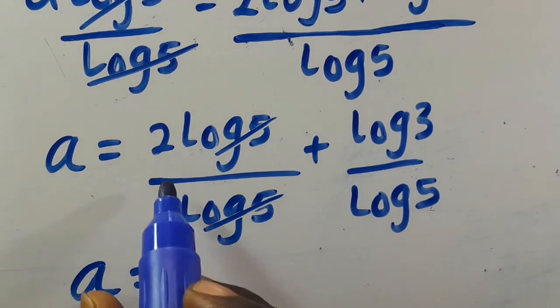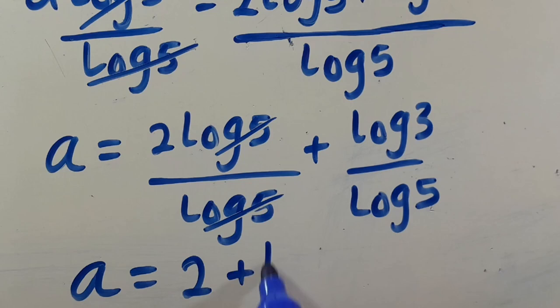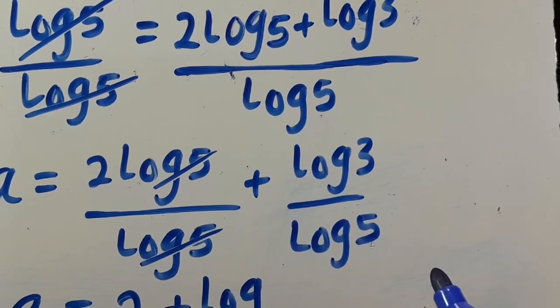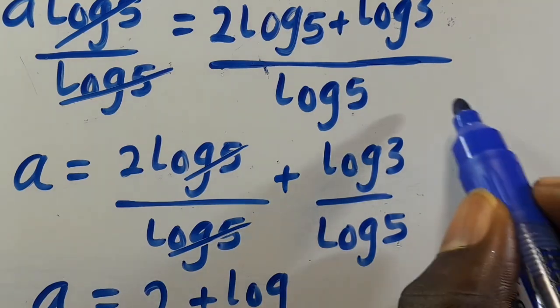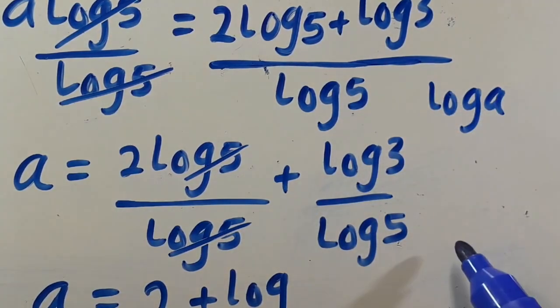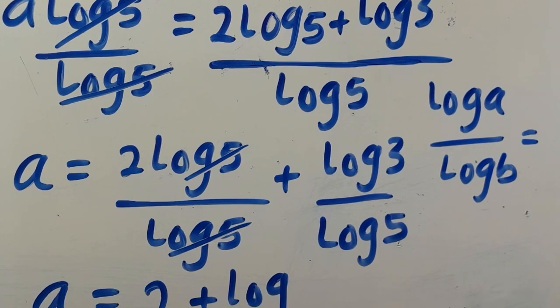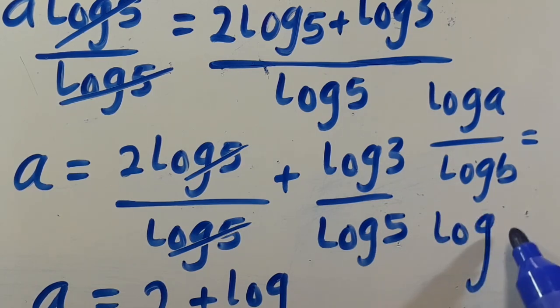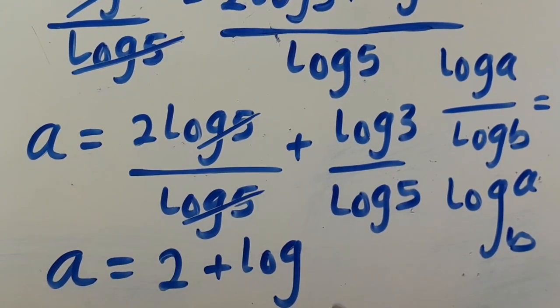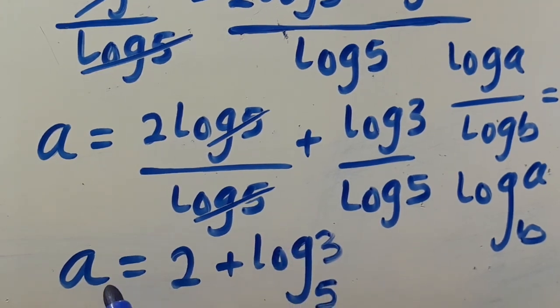We have our a to be equals 2 plus log of, now note, when you have log a divided by log b, this equals log of a in base of b. Then definitely we have here to be 3 in base 5. That is, we have log 3 in base 5. And this is the final answer for the value of a.